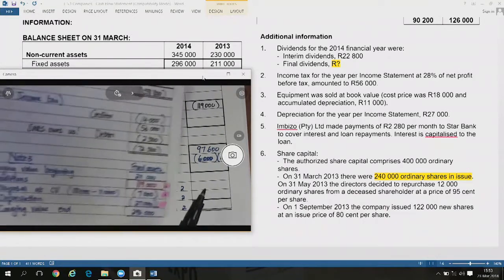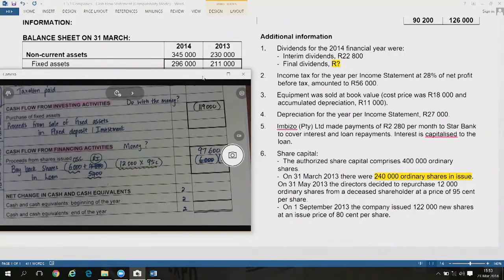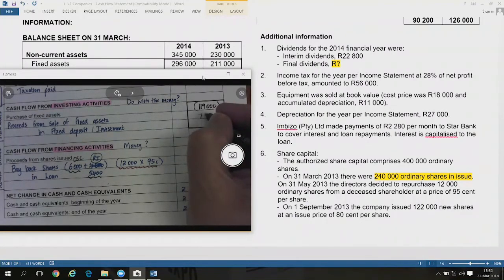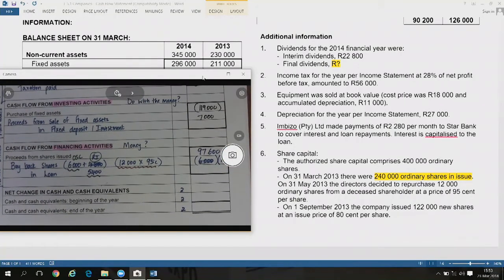In your cash flow statement, it's money out. For this disposal, it's less fixed assets, but there it's money in. So the 7,000 is money in there. So we are done with information 3 and 4 that help us to solve all those things.